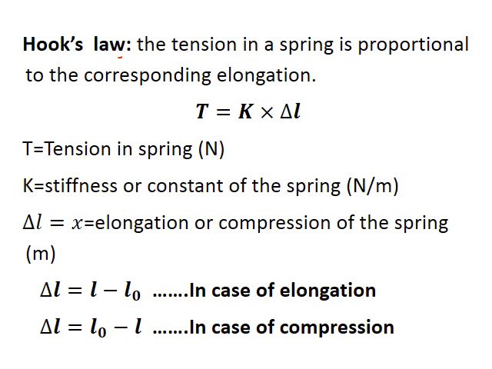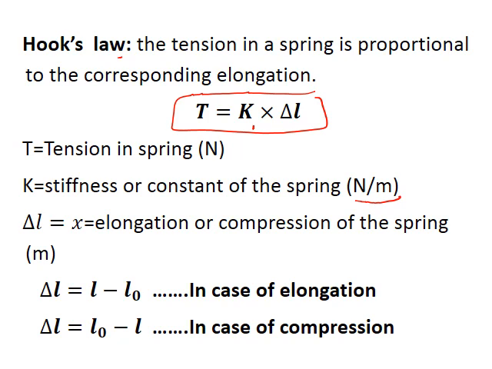Hooke's law: the tension in a spring is proportional to the corresponding elongation. T equals K delta L. T is the tension in the spring; its unit is N, Newton. K is the stiffness or constant of the spring; its unit is Newton per meter.